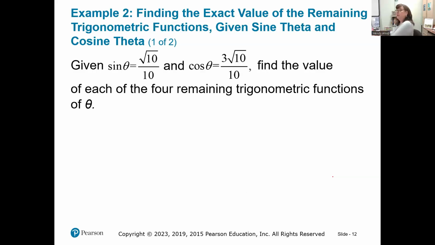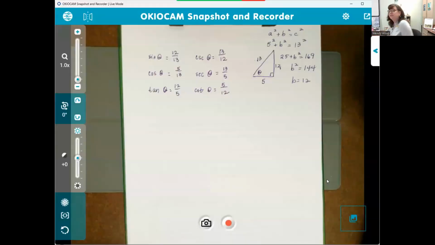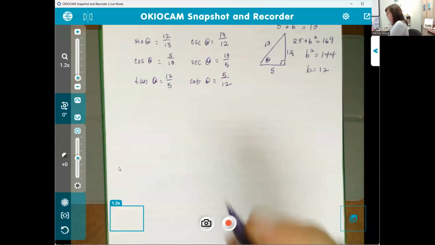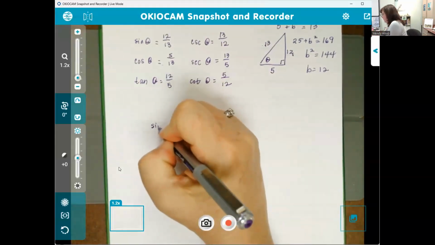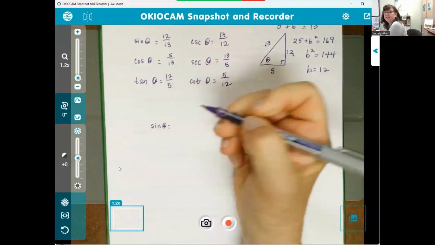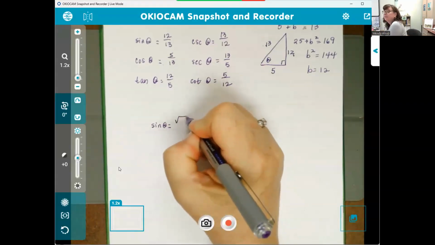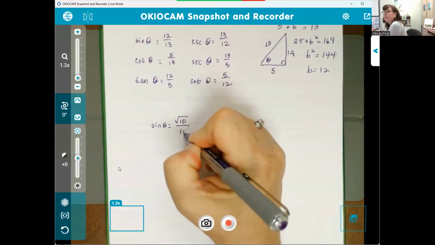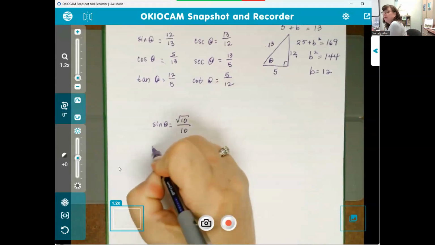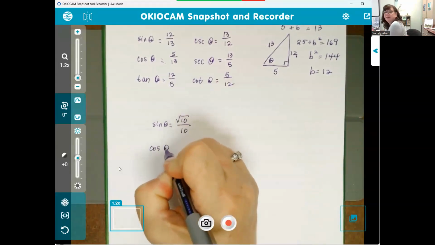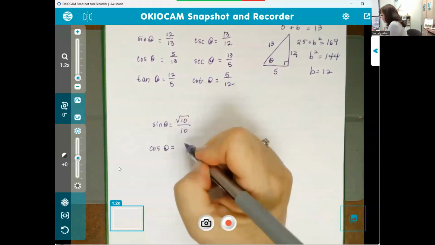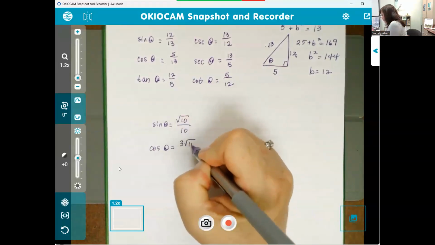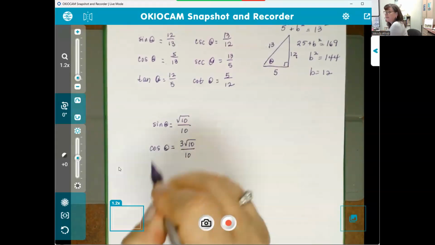Okay, so new problem. The sine of some theta is root 10 over 10, and the cosine of theta is 3 root 10 over 10. They want us to find everything else.